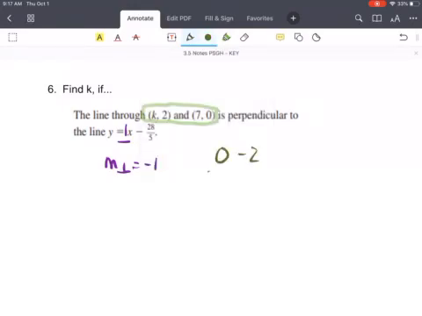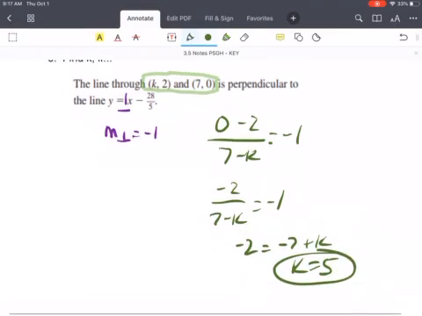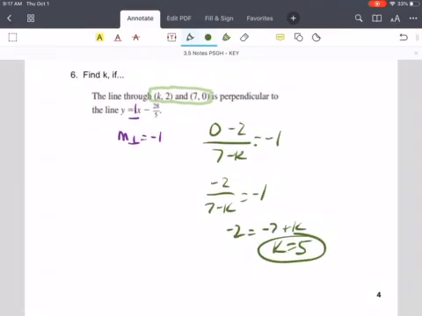So 0 minus 2 over 7 minus k equals -1. And then cross multiply. And the k value must be 5. And then that will be the end of our notes for today.